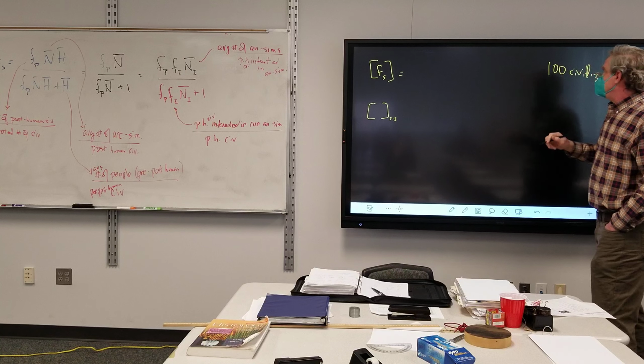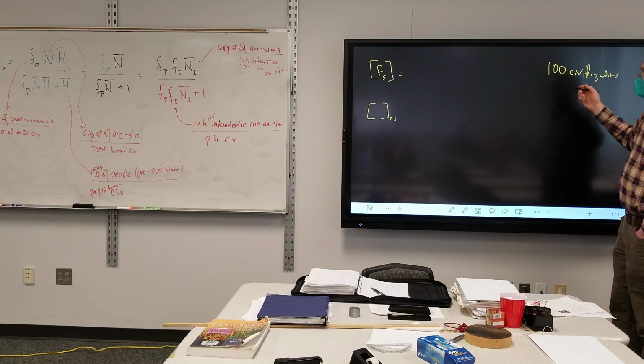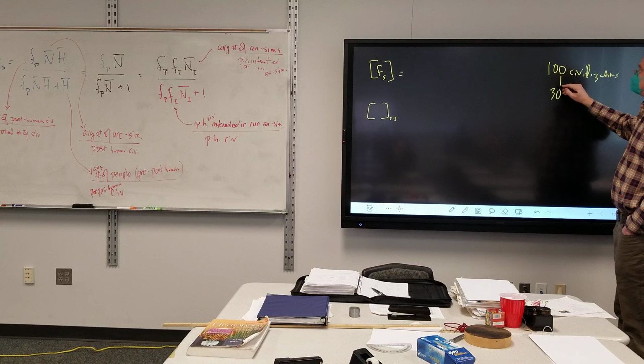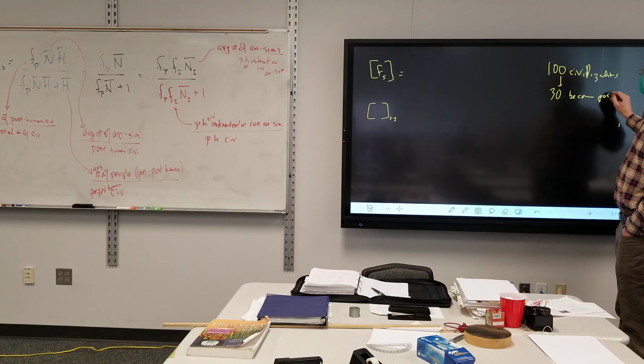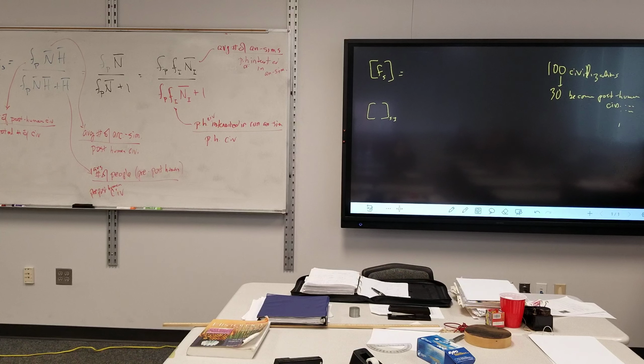And the number of post-human civilizations has to be smaller than that. So let's say 30 of this 100, 30 become post-human. The fraction would be 0.3.